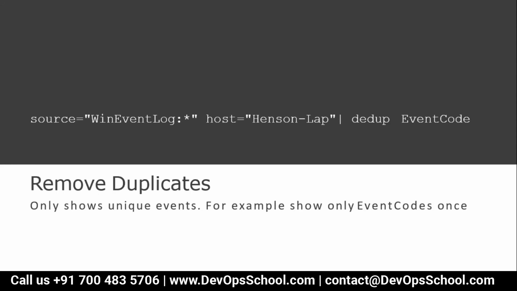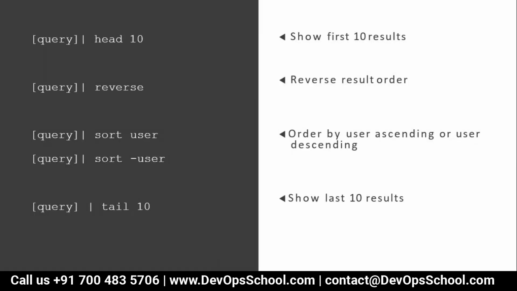You can use dedupe to remove duplication. You can use the head command to display only the first 10 results, and you can reverse that order for non-numerical, alphabetic values. You can sort by user, ordering the users in ascending or descending order.